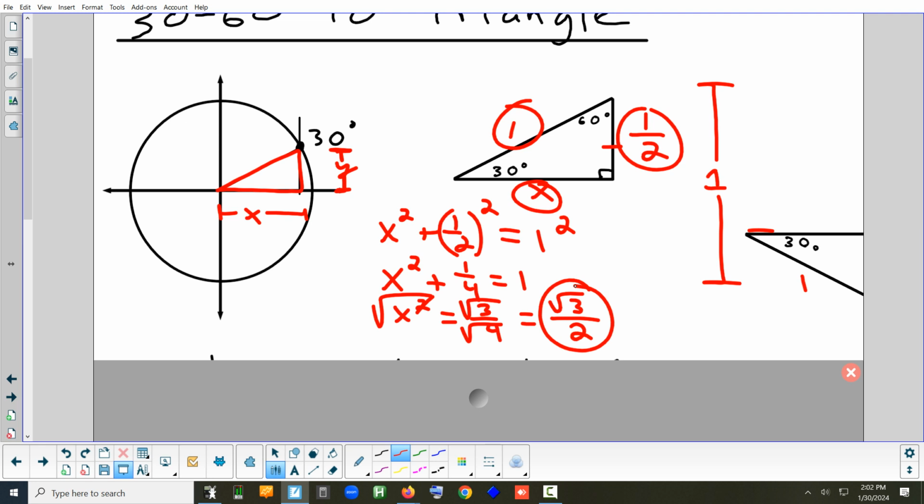So in a 30, 60, 90, the big side in the triangle, not the hypotenuse, but the big length, is square root 3 over 2. And the short side is always a half. So what would be the coordinate for 30 degrees?